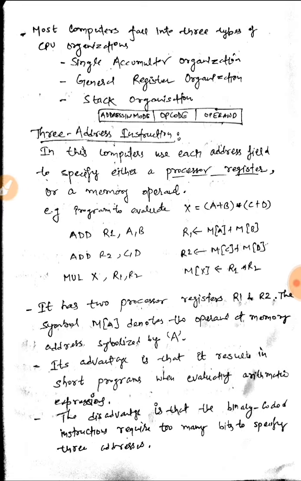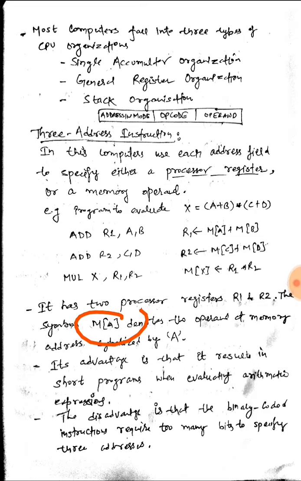The symbol M of A denotes the operand at the memory address symbolized by A. The length of this address, M of A, will depend on our memory size.